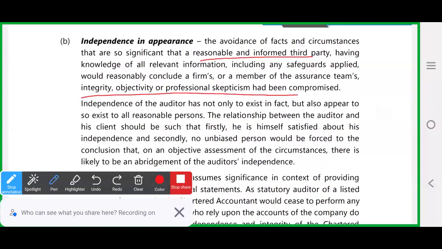That is upon integrity, objectivity, or professional skepticism. No compromise has been done to that.